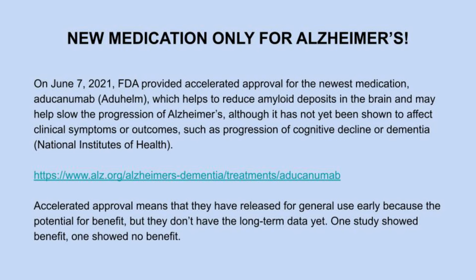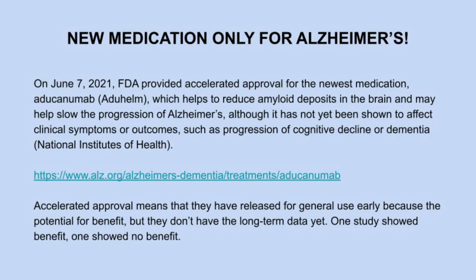Now, this medication actually helps to reduce these amyloid deposits in the brain, and it may help slow the progression of Alzheimer's. However, it has not yet been shown to affect clinical symptoms or outcomes. So this would be the progression of cognitive decline or dementia.